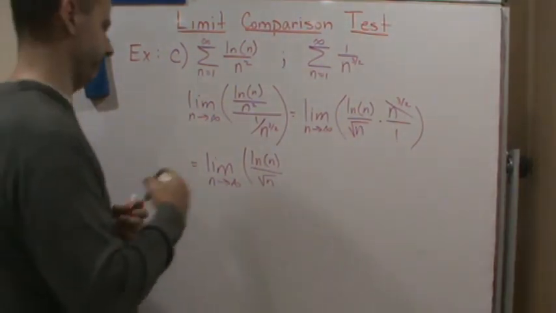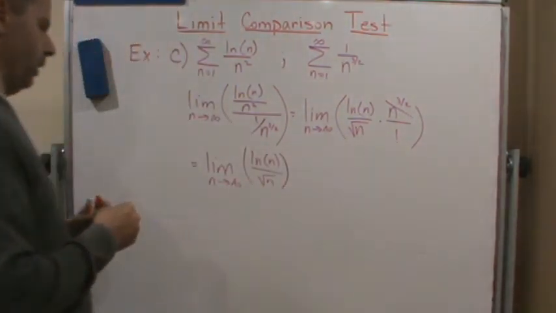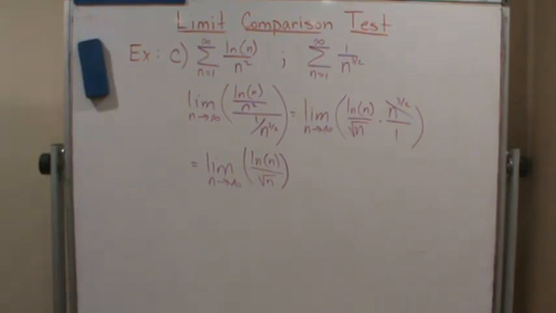Now, what do we do with that one? Because square root of n doesn't grow as fast as n does, and the natural log of n sort of has a similar type of curve as the square root of n. So it's not as clear where this thing is going.